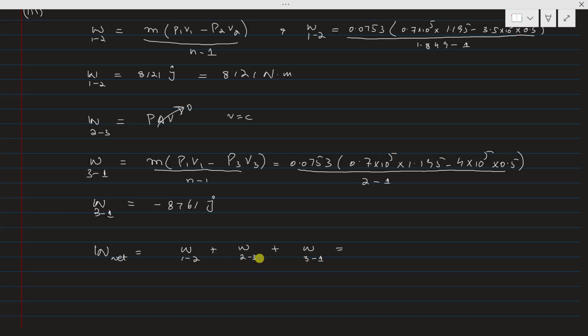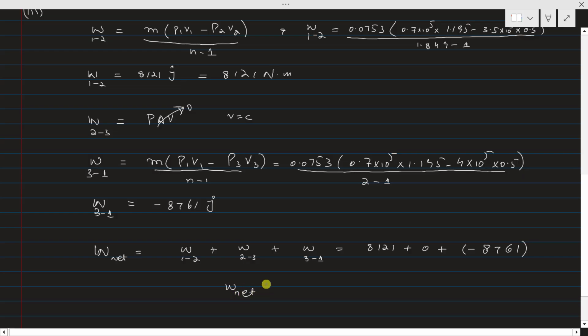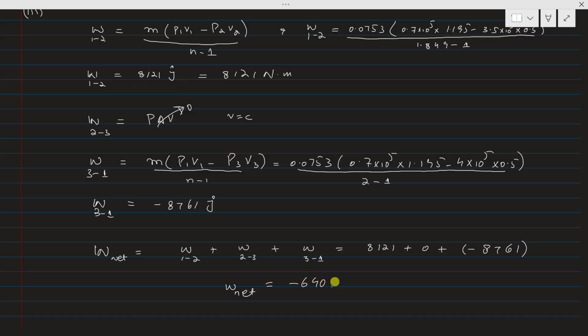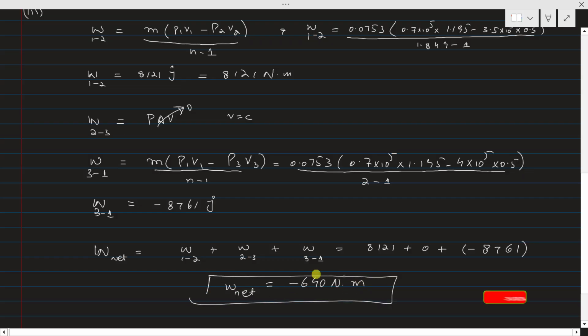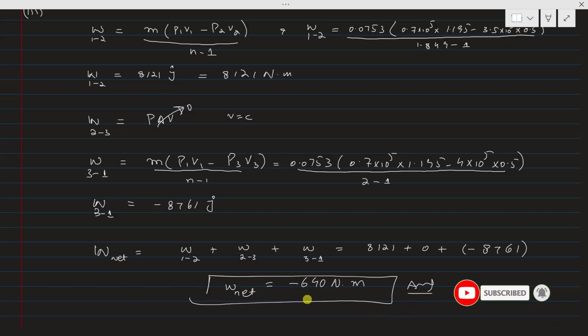From 1 to 2 it was 8121, plus 2 to 3 it was 0, then 3 to 1 it was minus 8761. After solving you will get the net work of the cycle, that is minus 640 Newton meter, and this is our final answer. I hope you understand. If you are in confusion you can ask in the comment section. The negative sign means that work is done by the system.